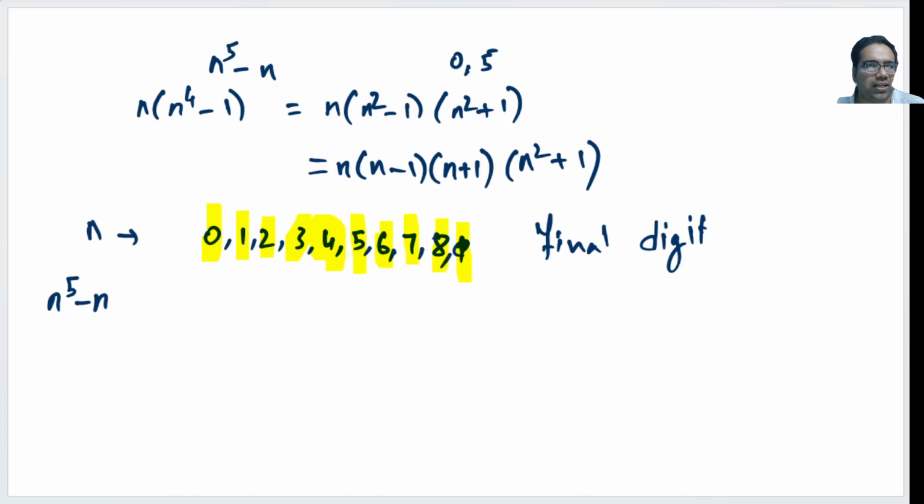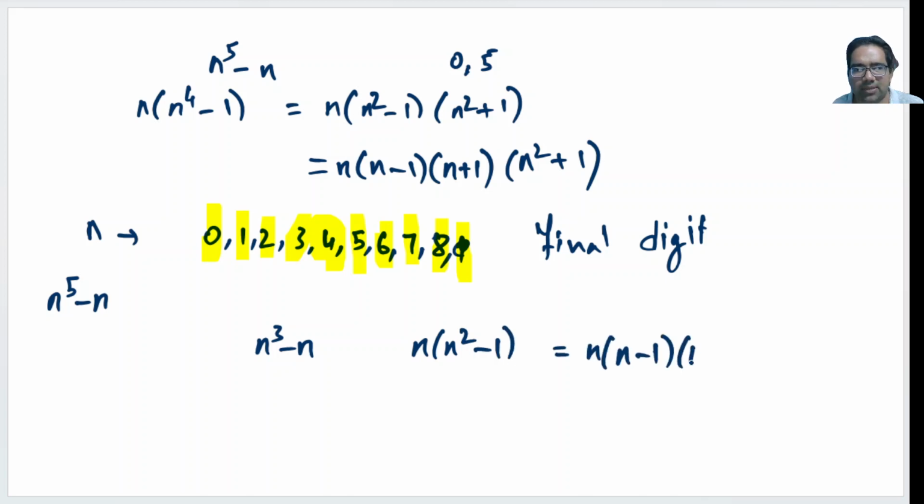Earlier we also discussed something related, which is n cube minus n, which is n into n square minus 1, which is n into n minus 1 times n plus 1. Earlier we discussed this. This number, n cube minus n, is always divisible by 3.